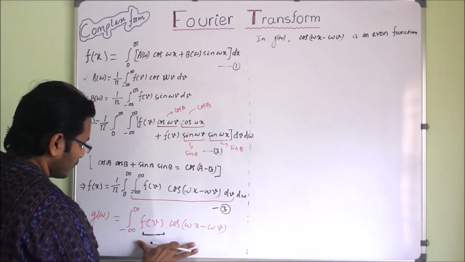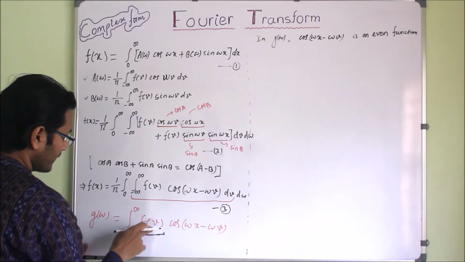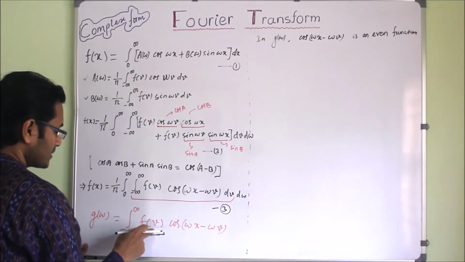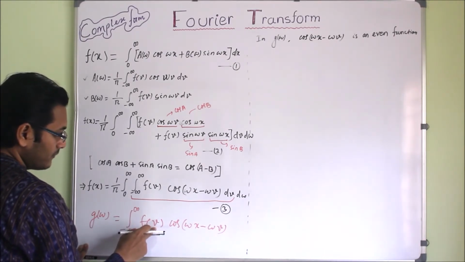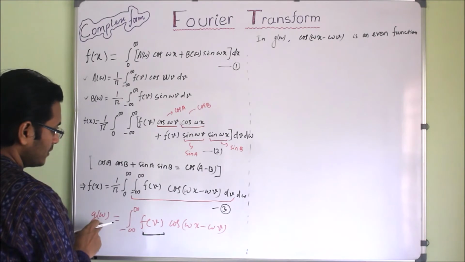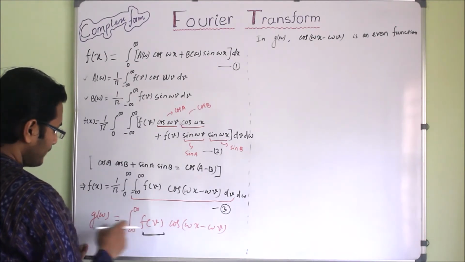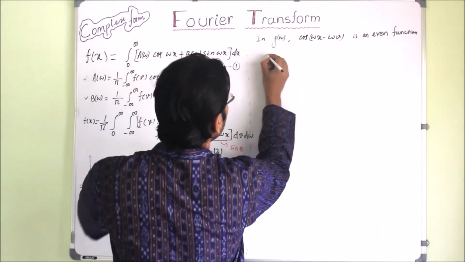But when we take them together, what will be the role of f of v in gw? f of v will be treated as a constant, because f depends on v, but g depends on w. So f has no role here, and now we'll get gw.